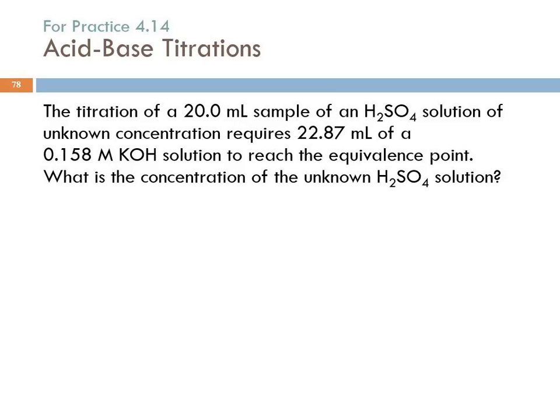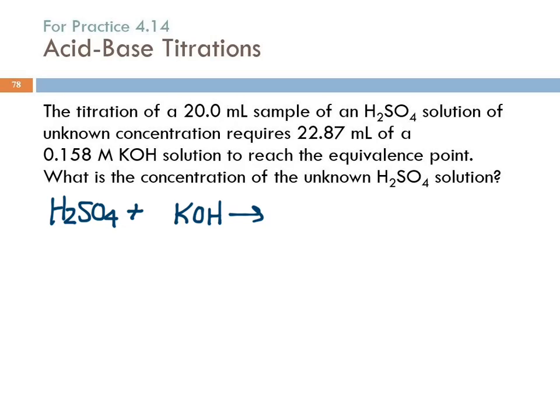This is a stoichiometry calculation, and so we need a balanced chemical equation. So we've got sulfuric acid reacting with potassium hydroxide. So H2SO4, and we can skip the state symbols here because the goal of this is not to write out chemical equations, it's to figure out concentration. Plus KOH, leaving a space in case I need a coefficient in there.